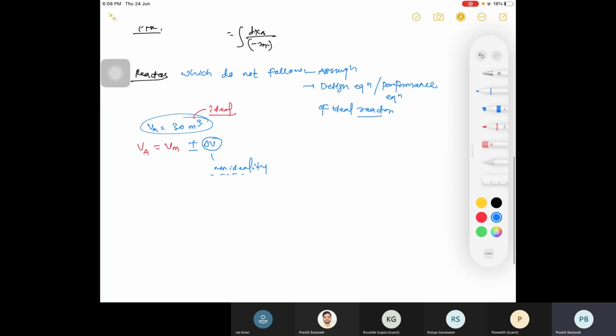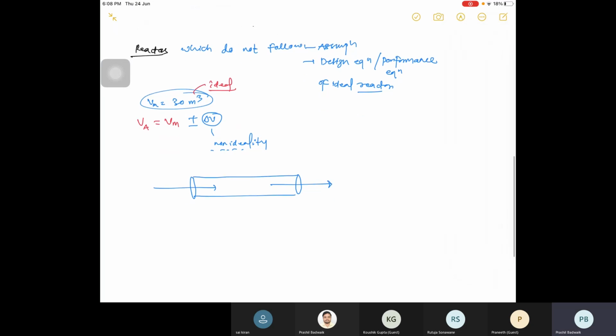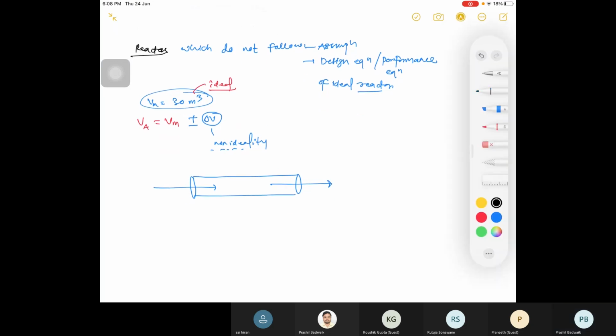In case of PFR, what did we assume? What was your assumption in case of PFR? There were some assumptions you must know whenever you are defining your PFR, and I told you what they are. First, this is your axial direction and radial direction. Please tell.